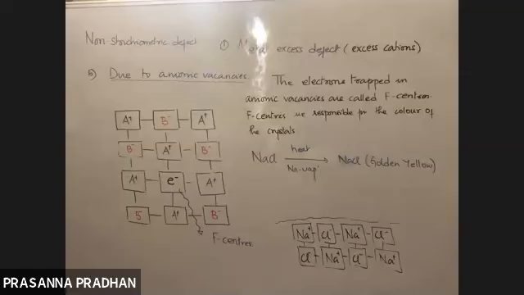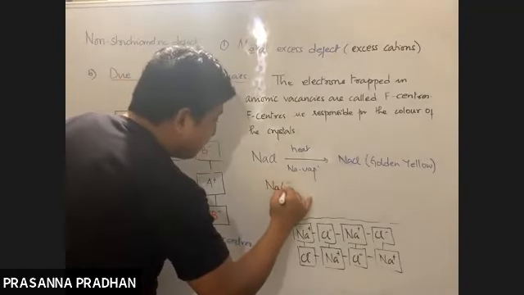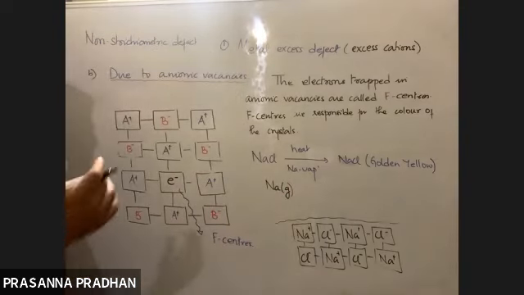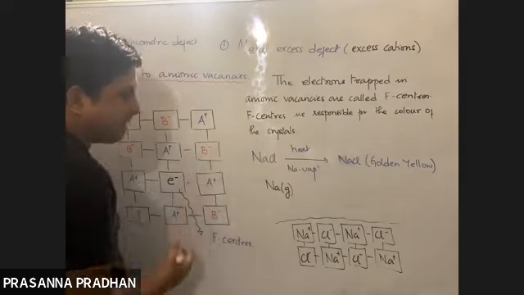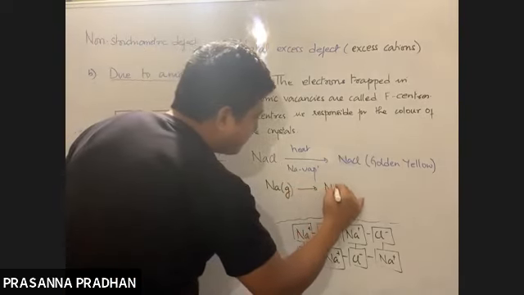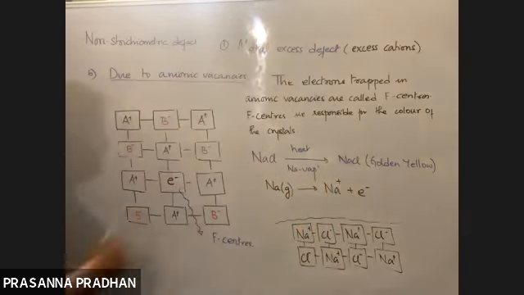Okay, now we are heating in sodium vapor. Sodium is in the vapor state. In the sodium vapor state, it has very high energy, and we know this sodium has a high tendency to ionize and release an electron like this.